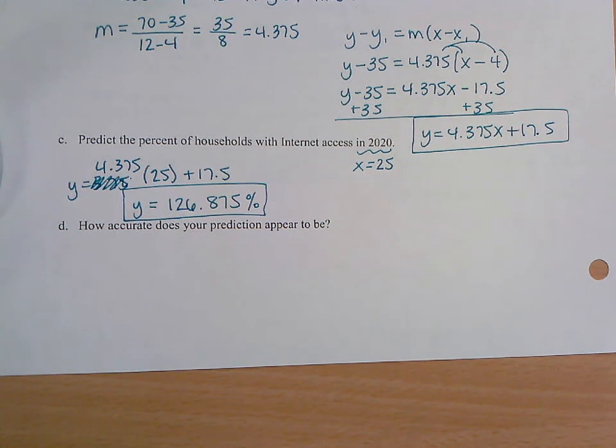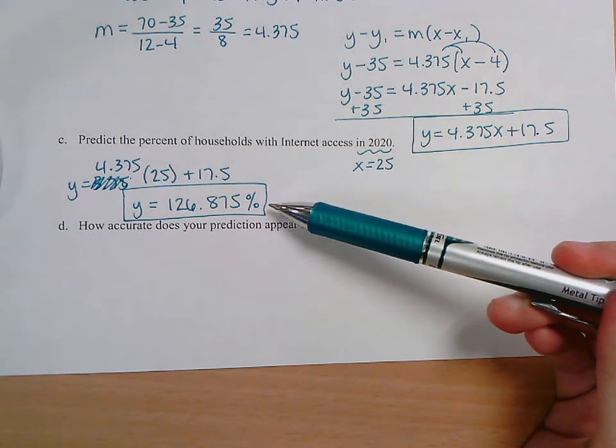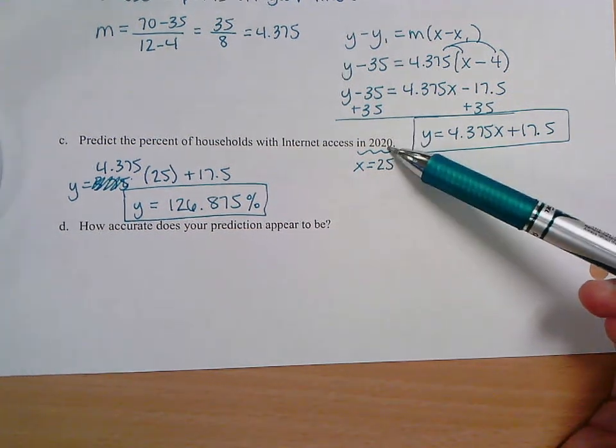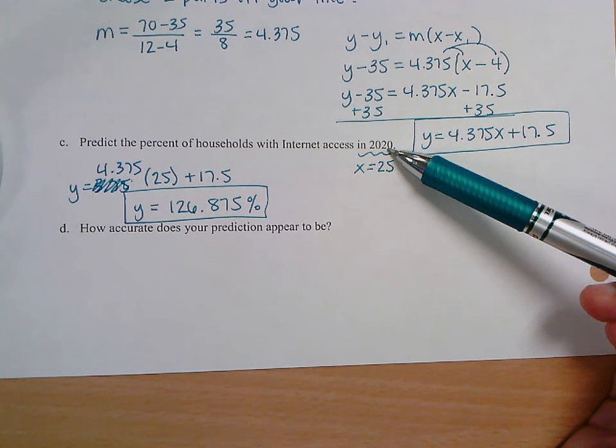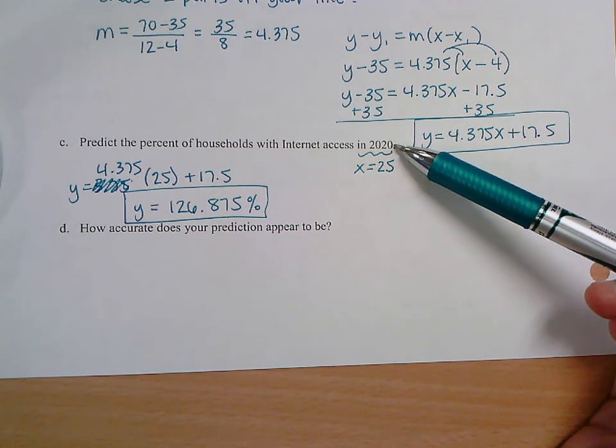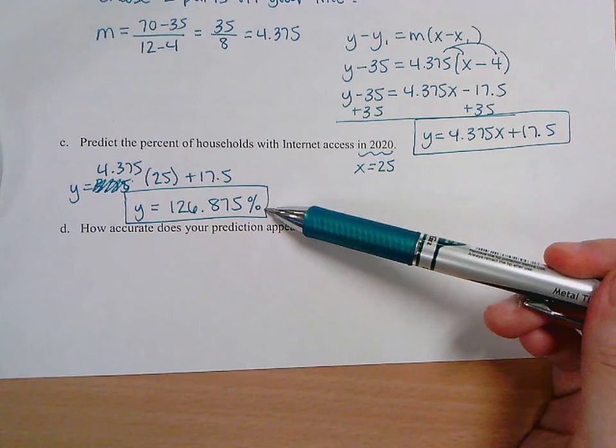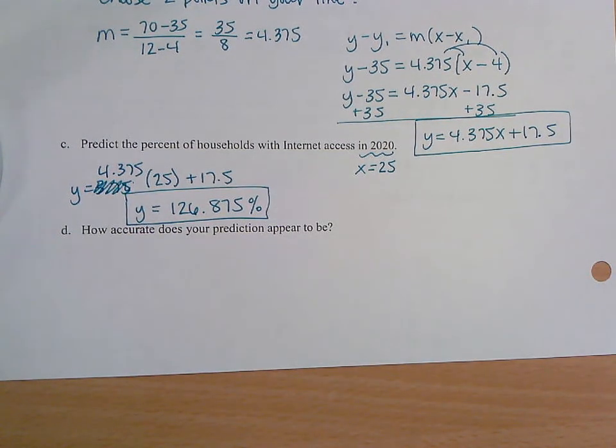I heard a yes. I see some no's. Do you think everyone now has internet access? No. So there are places that probably don't, even though the percent that actually will in 2020 is probably pretty high, like closer to 100. To say that every single household will have it is probably unreasonable.